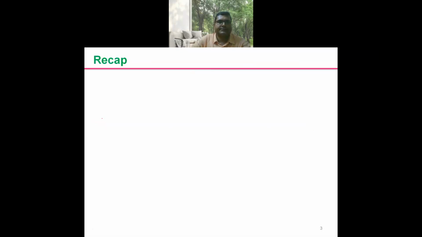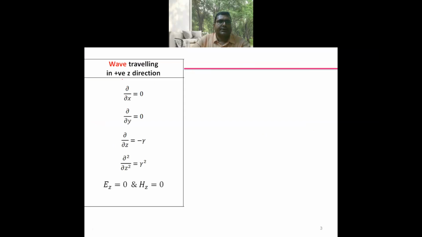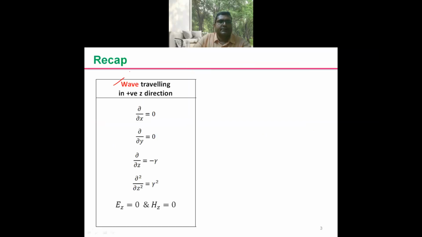Recap. Notation for wave propagation in open space. Consider an EM wave traveling in open space in positive z direction.